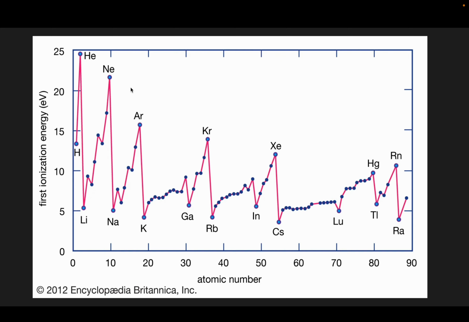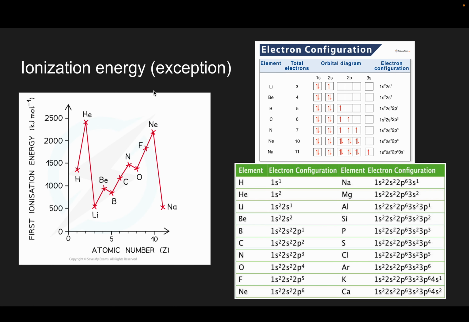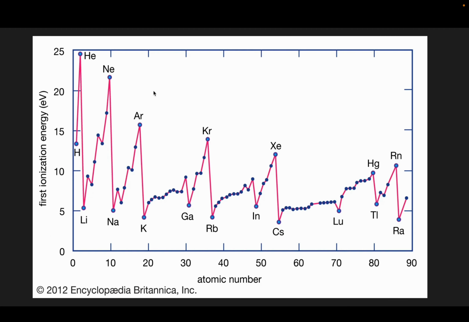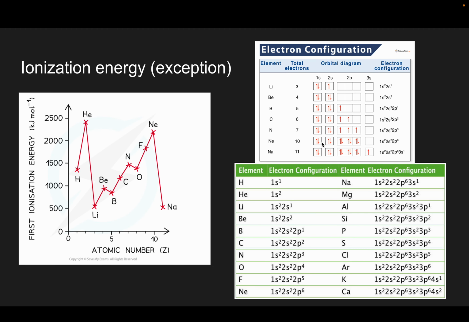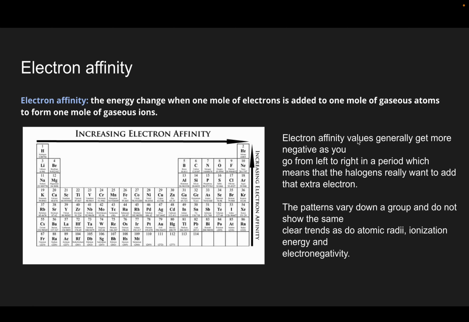And the reason, as you might guess, is that noble gases are full and all of their energy levels are full, so it's really difficult to pull out this electron, because as you can see, they are all paired and the 2p sublevel is full. So yeah, it takes more ionization energy.